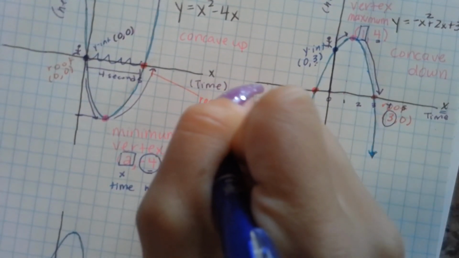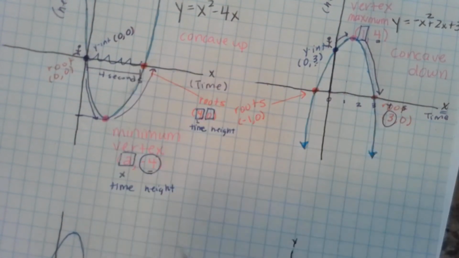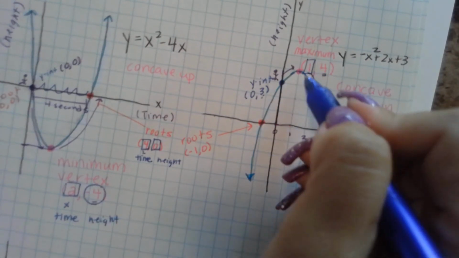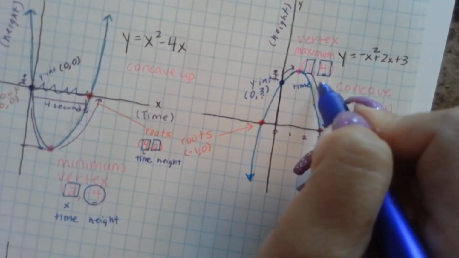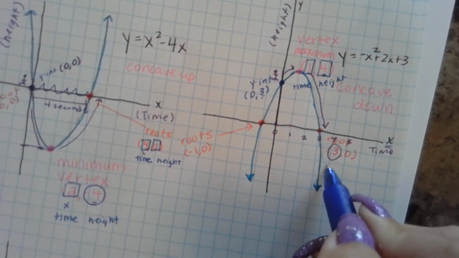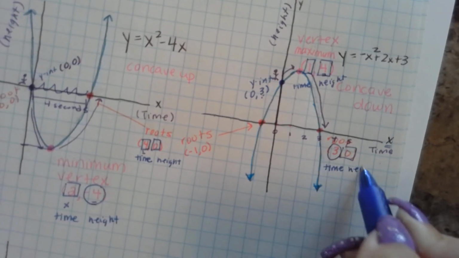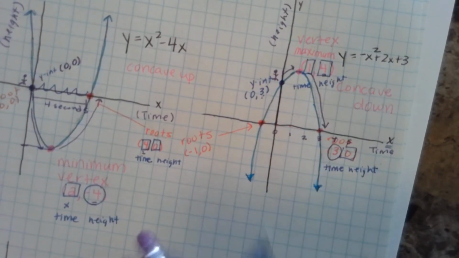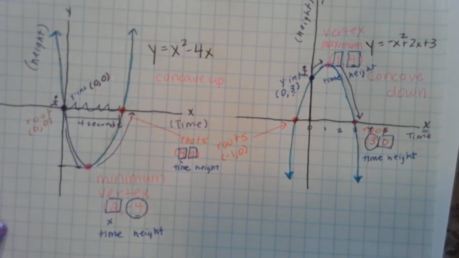Okay? 0 is your height. Same thing over here. 1 is your time, and 4 is your height. 3 is your time. 0 is your height. Time, height, time, height. So these are just kind of examples of what you're going to have to use this for. Okay?